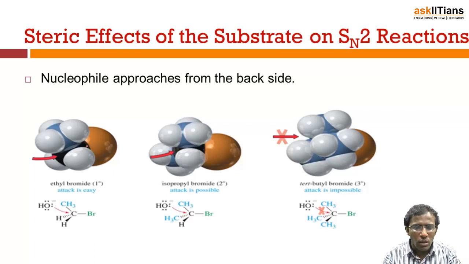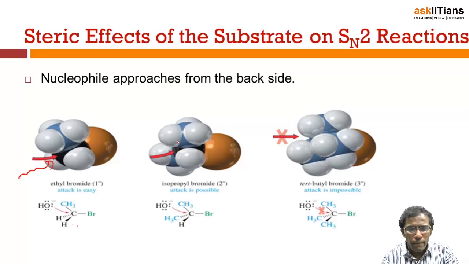If I take these 3 molecules, here this is CH3, H and H, here there are 2 CH3s, and here there are 3 methyl groups, right? You can see this is the iodine. On exactly the reverse side, this OH minus is going to attack, right?